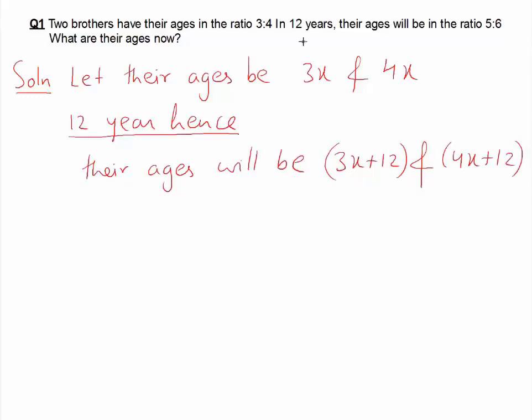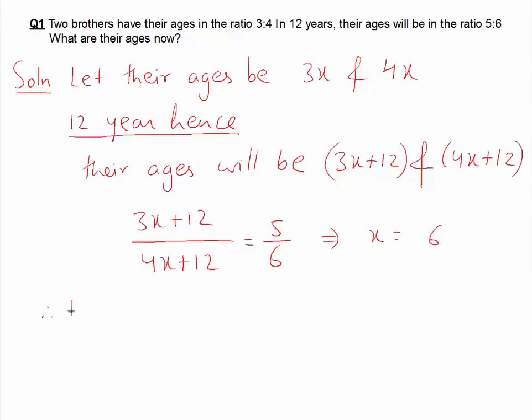Now it's given that 12 years hence their ages will be in the ratio 5:6, meaning this number is to this number must be 5:6. So (3x plus 12) divided by (4x plus 12) must be equal to 5/6. Now if you solve this, you finally get x as 6.